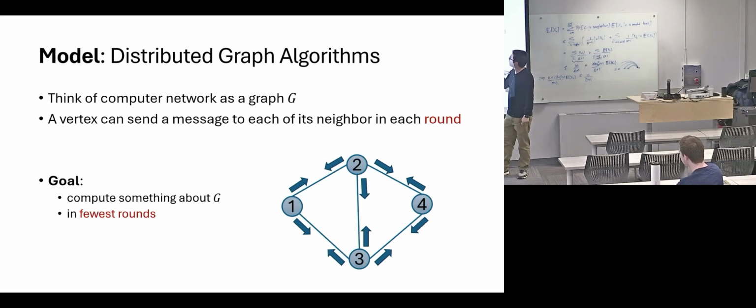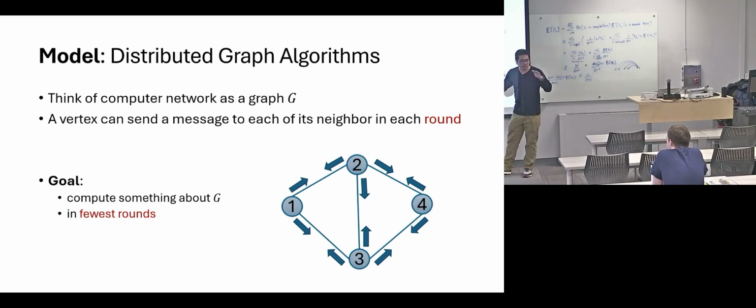Now each vertex can send a message only to its neighbors. There's going to be rounds: for each round, each node can send a message only to its neighbors. What we want to compute is something about the network itself, and we want to minimize the number of rounds.